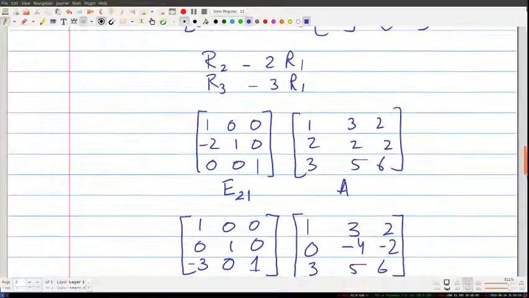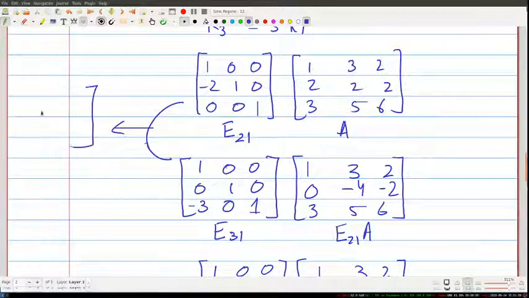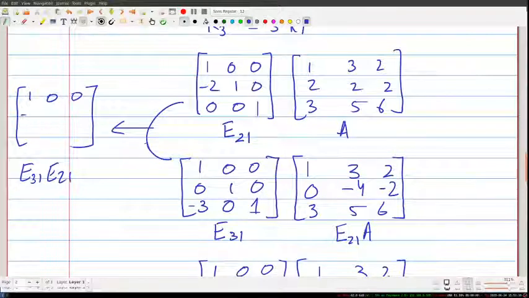So let's take the product E21 and E31. Let's multiply them together. You can check that E31 times E21 is actually equal to the matrix 1, 0, 0; minus 2, 1, 0; and minus 3, 0, 1. We've already done this before, so we've already checked this, right? And notice this matrix is also lower triangular.